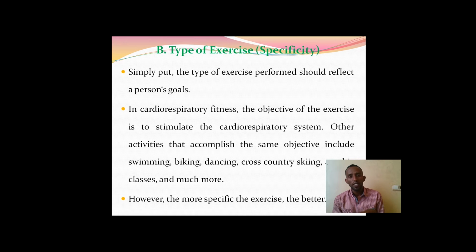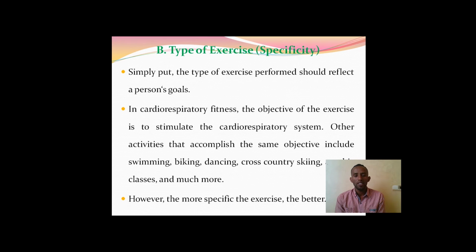So what is the idea here when you say type of exercise? The type of exercise you choose should exactly fit with the main objectives that you want to achieve, right? For example, in cardio fitness, the objective of exercise is to stimulate the cardiorespiratory system.